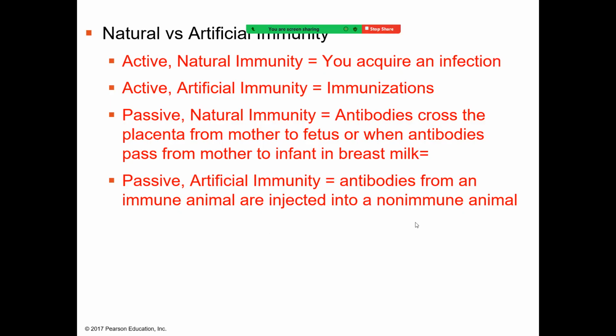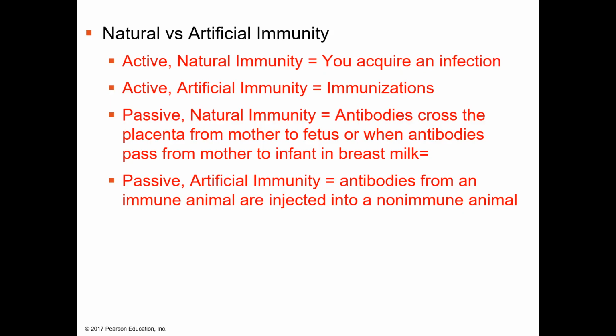Passive artificial immunity would be a situation where, and we encountered this in the COVID-19 pandemic, individuals who had recovered, early individuals who were infected with SARS-CoV-2, the virus, developed antibodies. We were able to take antibodies from their plasma and then give those monoclonal antibodies to people who were very sick. That's a way that we could have passive artificial immunity.